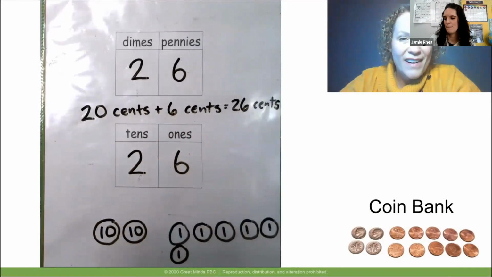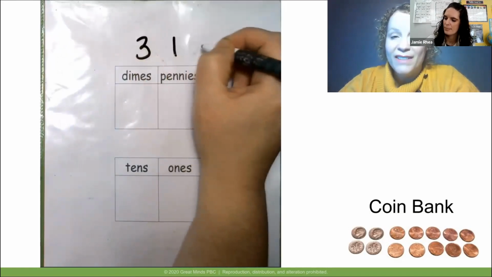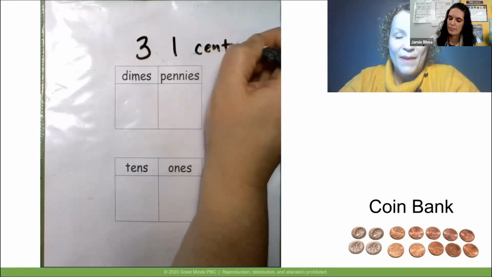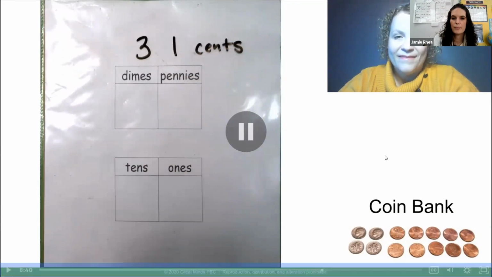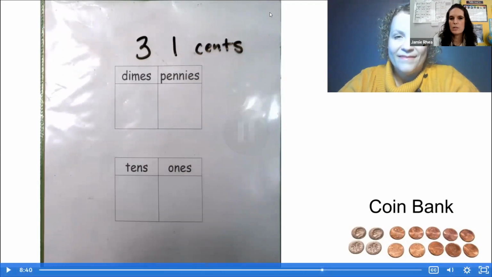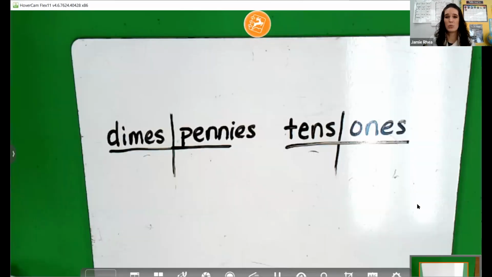Let's do one more. Erase your boards. Show or draw 31 cents using dimes and pennies. Okay, so I'm going to pause our video real quick, and we're going to draw 31 cents. If you have dimes and pennies at home that you're using, just show it with your 31 cents.